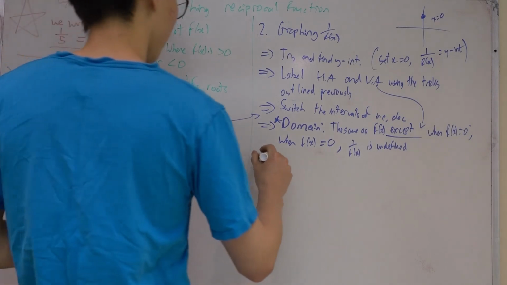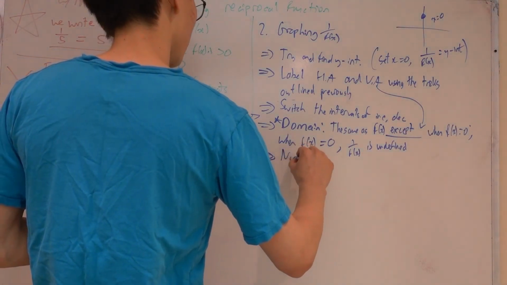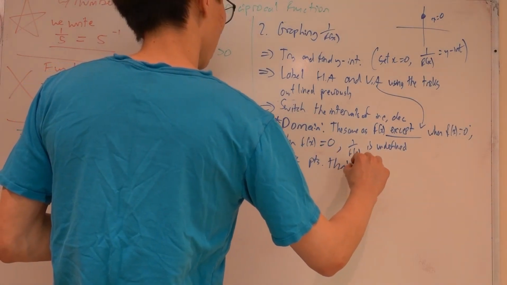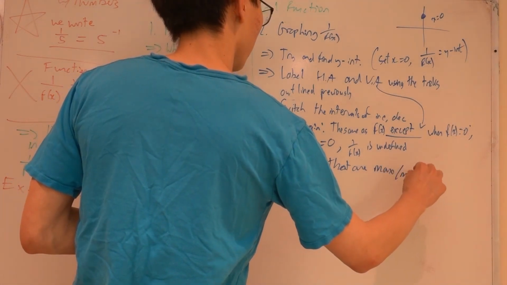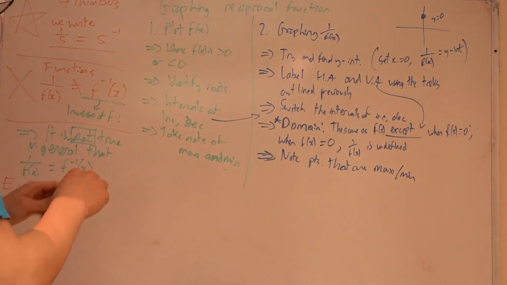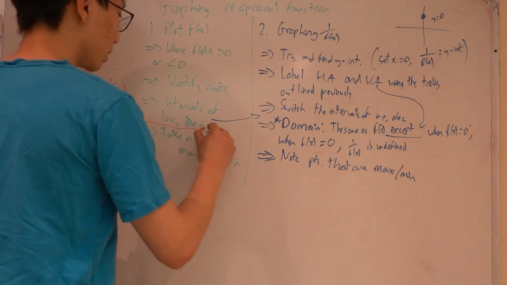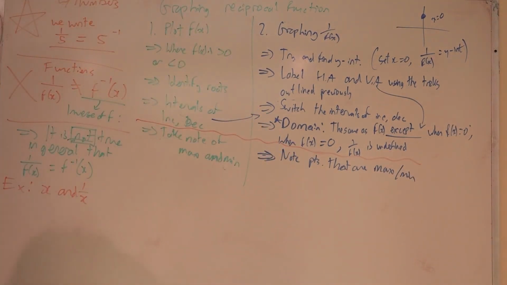Finally, you are going to note points that are maxima or minima. Okay. Now, this thing here, this stuff about maxima and minima, we are not going to focus too much on that right now.